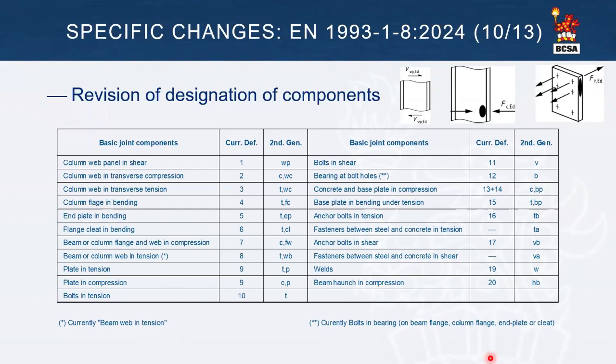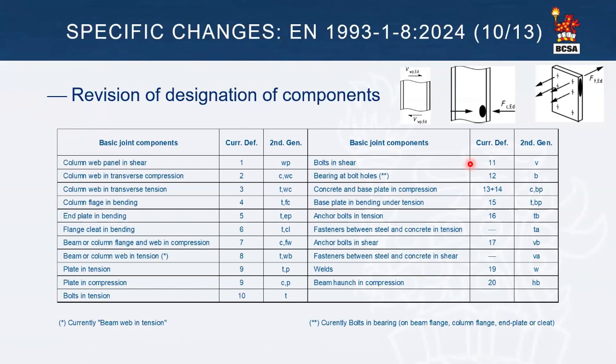They are referenced by an abbreviation in which you see that C, other than column, also refers to compression, T for tension, and V is for shear. P obviously is plate, F flange, etc. We believe that this new designation is a better reference than the previous numbering system.